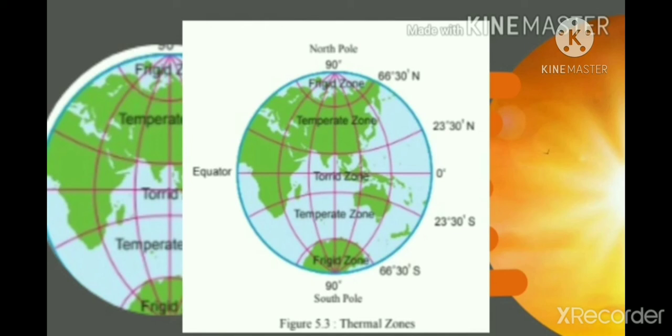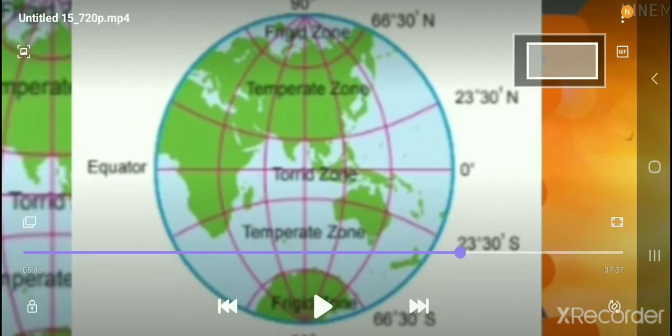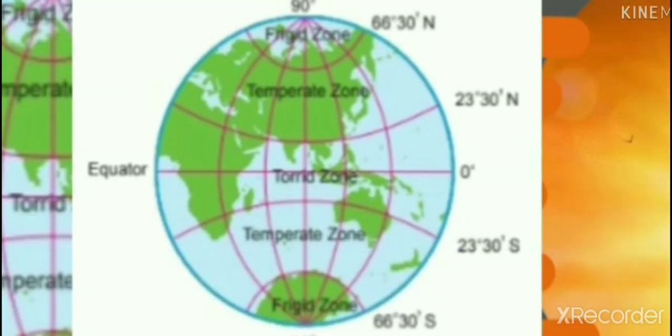So, the latitude is the main factor there, and there are other factors also which influence the distribution of the temperature. The effects are limited to the particular region. Okay, let us see now how the rays pass between the 0 degree and 23 degree 30 minutes north and south. Okay, so it is going to occupy which rays?